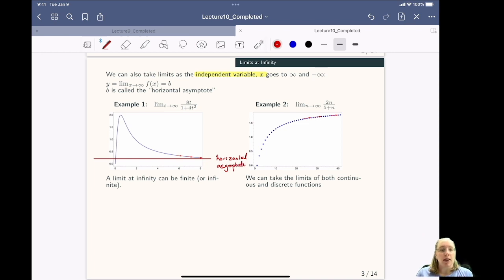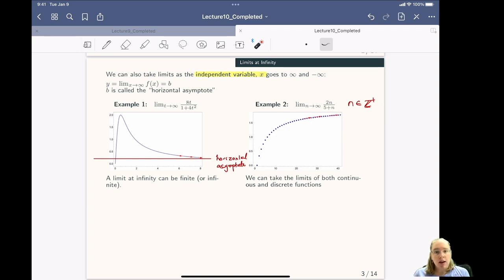We can take the limit as the independent variable goes to infinity for both continuous functions, where you don't have to pick up your pen, and discrete functions, where you do have to pick up your pen. So note for this function over here, we're considering the domain of the function as the positive integers. So n has to be a positive integer, and we can take the limit as n goes to infinity.